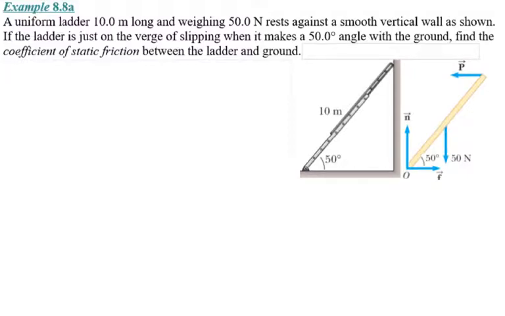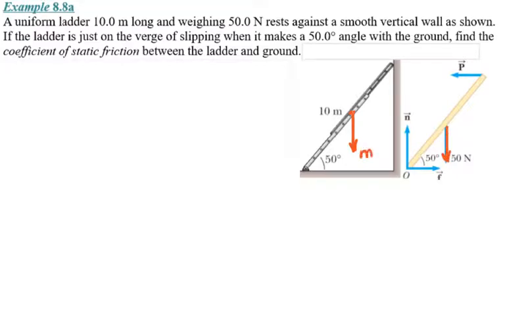So we can put in the forces acting on the ladder. The force of gravity always acts from the center of gravity or center of mass. We're going to learn this concept a little later, but for now you just have to know that it's a uniform ladder, so the mass is distributed evenly. So we have the first force right here, 50 newtons, which is mg.